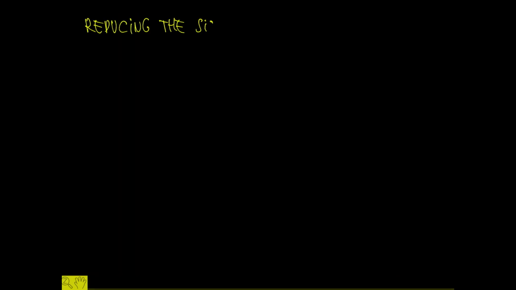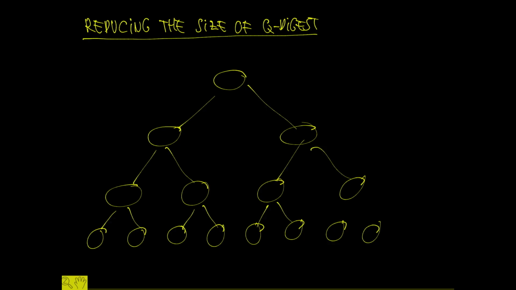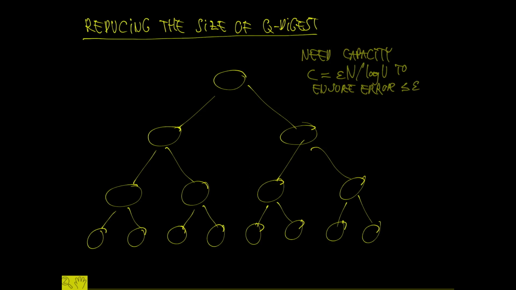The way we have described it, the Q-digest can grow quite large. So there's a need to reduce the size. The value of c needed to ensure an epsilon n error is epsilon n over log u. This grows with n, which means that capacity can increase as the number of elements grows.